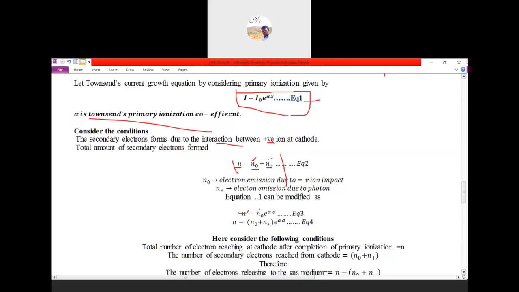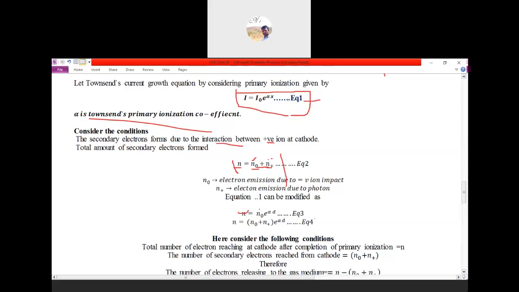So n plus means n1, n2, n3, the number of electrons. We are considering n naught as the initial electrons. So here n is equal to n naught plus n plus.